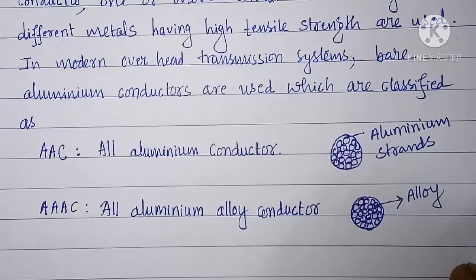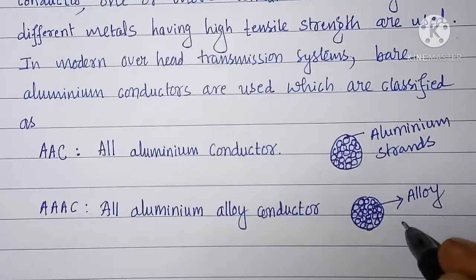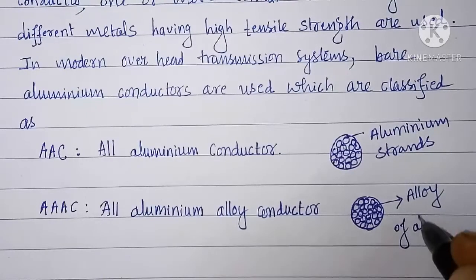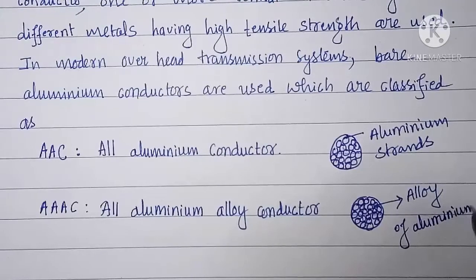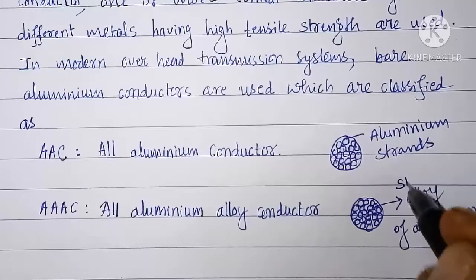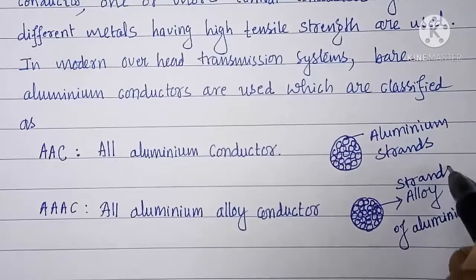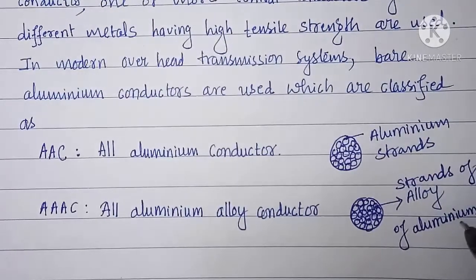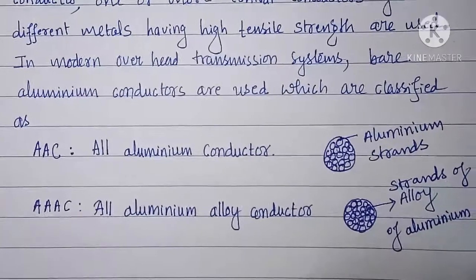Alloying is done to obtain the required properties which are not there with a single metal. Strands of alloy of aluminum.